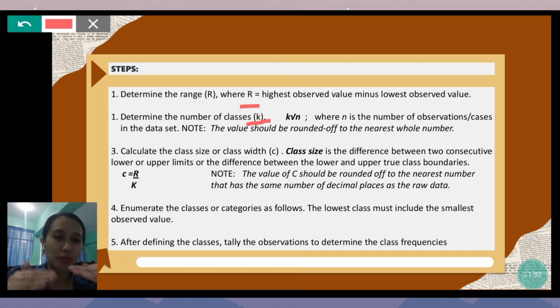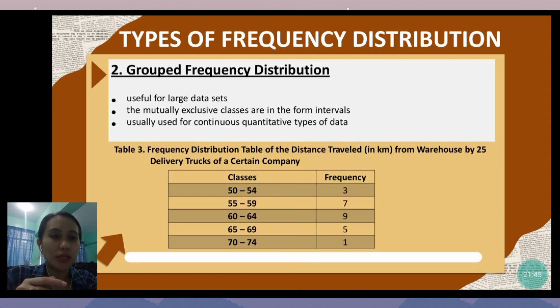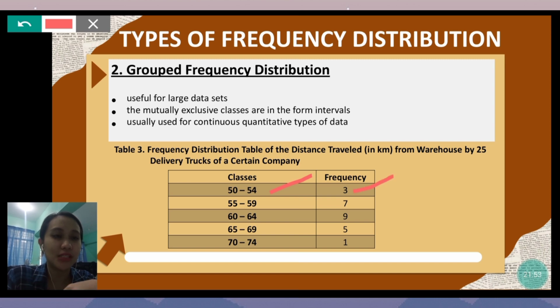Once you are able to put the classes in the table, next you will determine the frequency, like how many occurrences. For example, earlier in this certain class, 50 to 54, the frequency is 3.